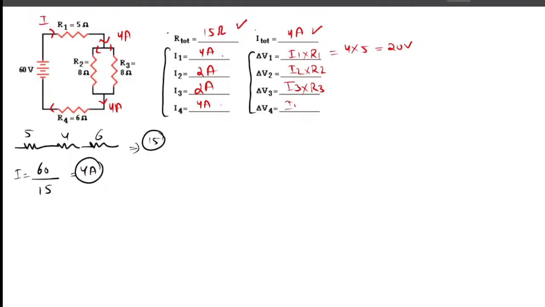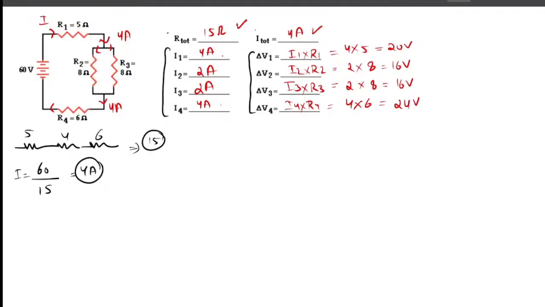So I2 is 2 amperes and R2 is 8, so this will be 16 volts. I3 is again 2 amperes and R3 is again 8, so this will be 16 volts as well, and this will be 4 into 6, so the value would be 24 volts.